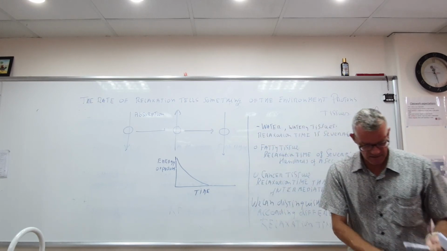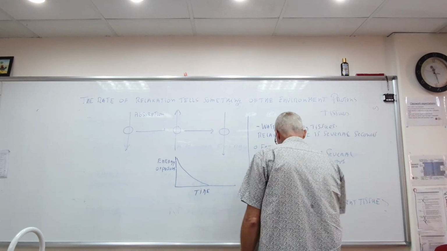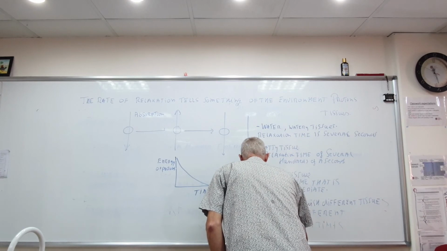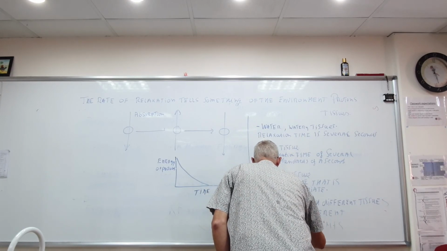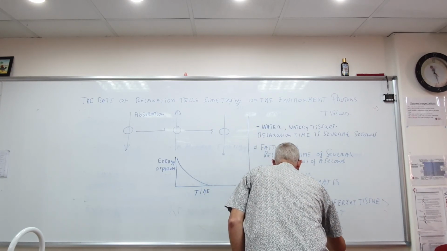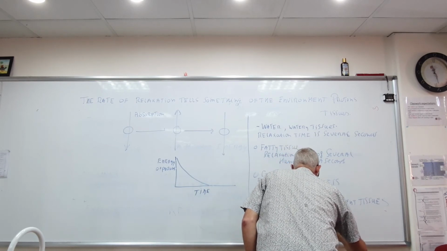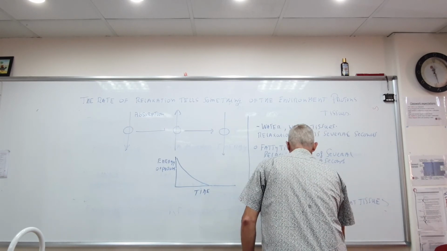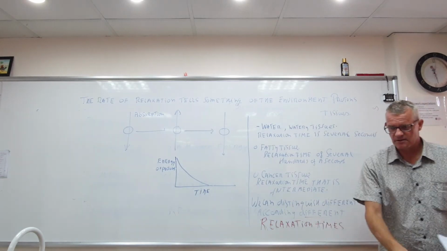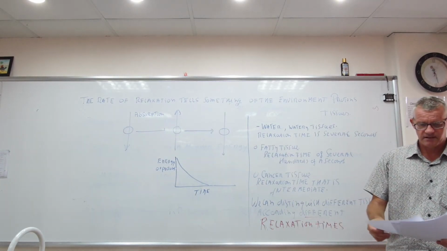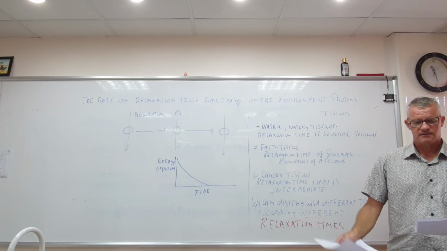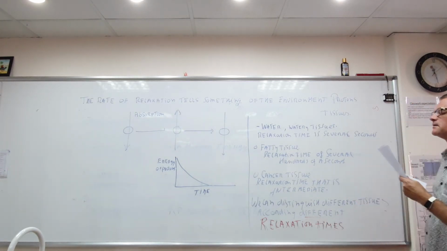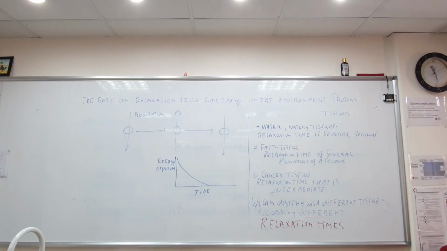Put that in red so you can read it better. Relaxation times. Different. Okay? This is how to distinguish the different tissues. Okay? Make a note of this and then we continue.